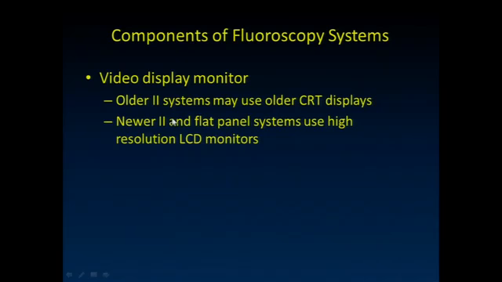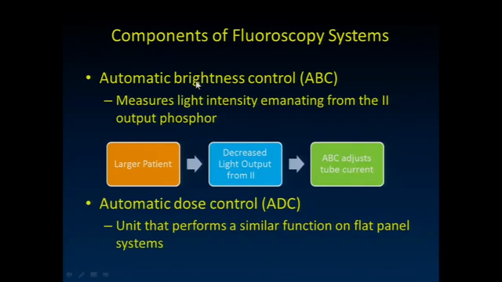But I do want to talk a little bit about the II because it's something that kind of always confuses folks a little bit. On our old fluoro systems with II, we had this automatic brightness control. So if you had a bigger patient, less X-rays made it through them, and so you got less light output on the II. And so the brightness control would increase the tube current so that the number of X-rays that made it through the patient were increased, and the brightness of the image would stay about the same.